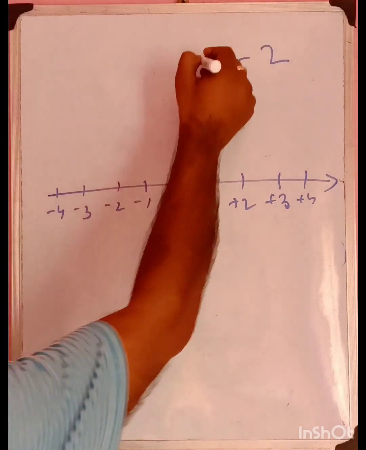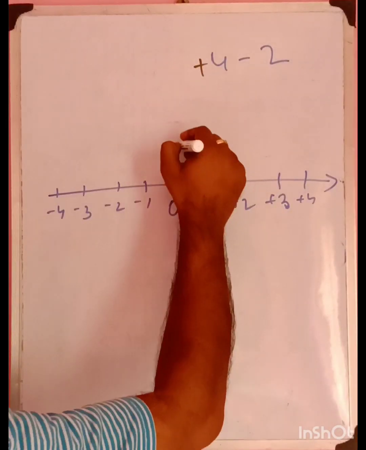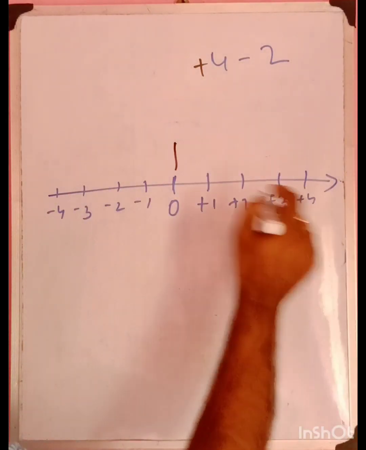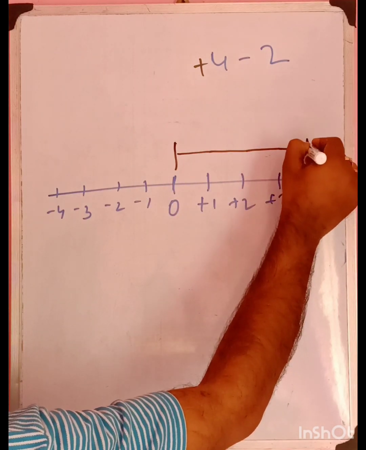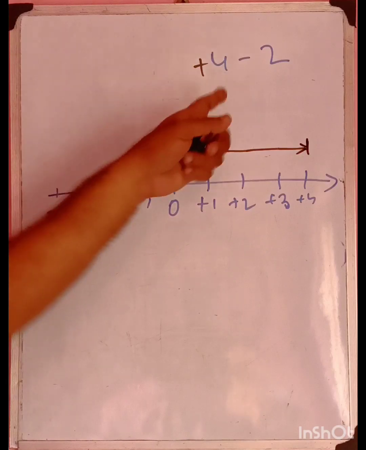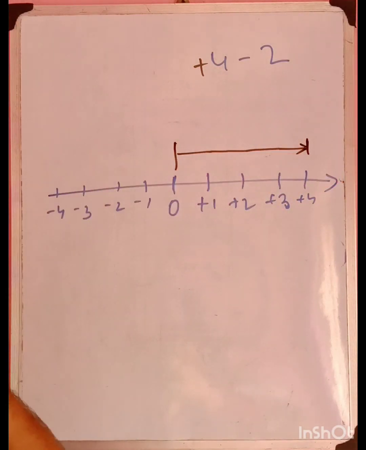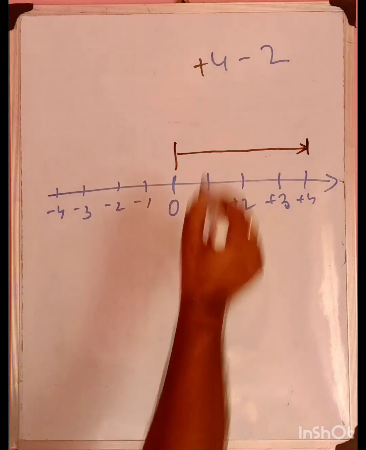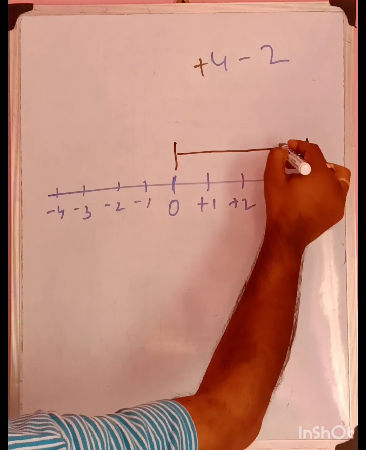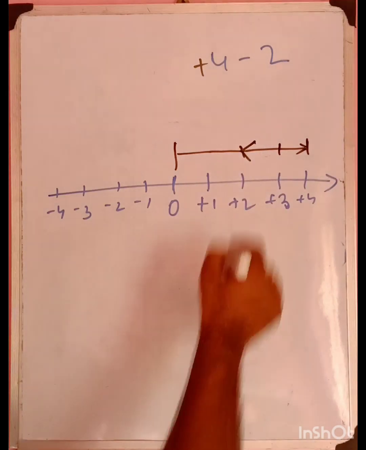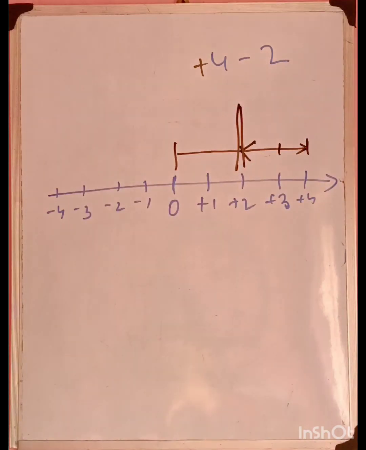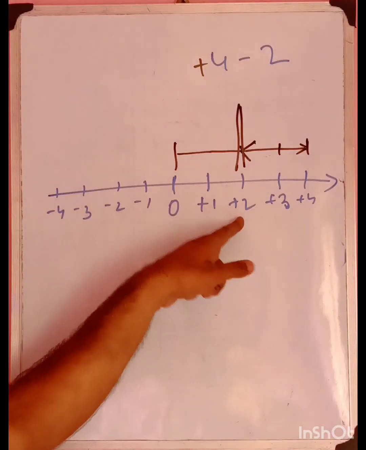This is plus 4, you first go 4 steps right. 1, 2, 3, 4. Reach here. Then minus 2. So you have to come back, you have to return in the leftward direction. How much? 2 steps. Okay, 1, 2. You are coming back to 2. So you are now standing at this position. The result is plus 2.